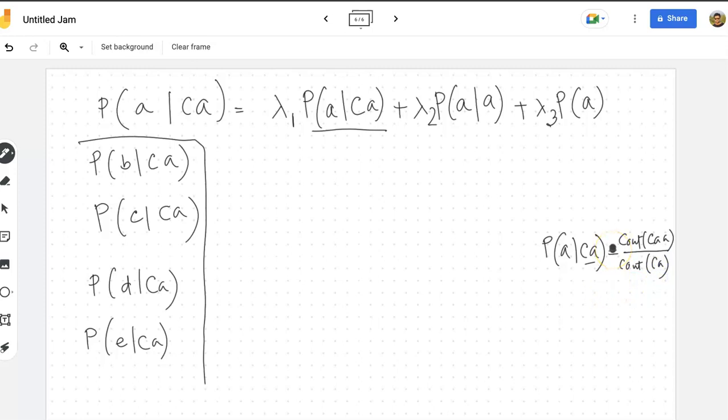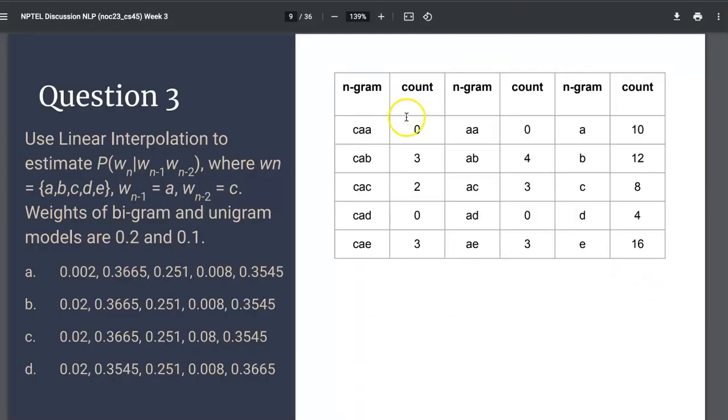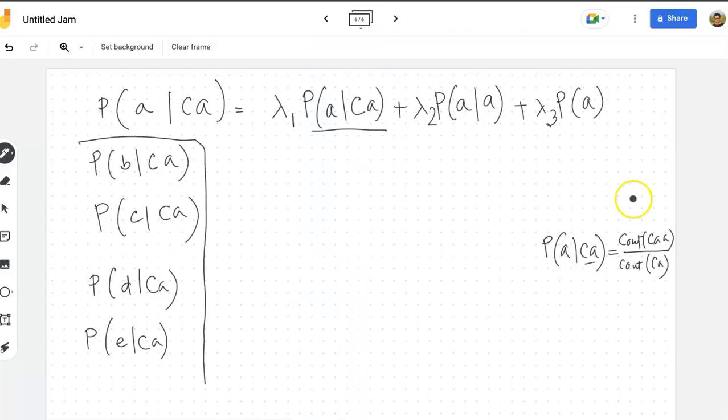Let's check in the table. The count of CA is 0, so we don't need to see the denominator because it is already 0. So it will be lambda 1 into 0.